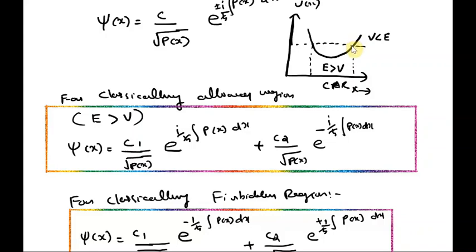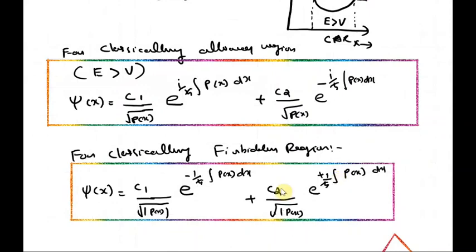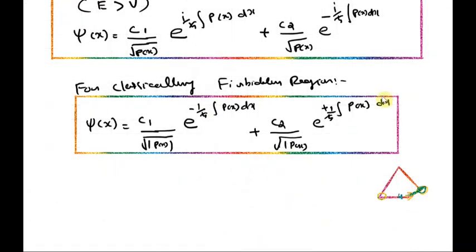What happens to the wave function when the momentum is zero? 1 by root of something, root 0, will give you infinity, and the wave function blows up there.